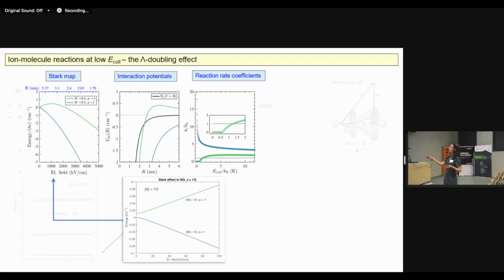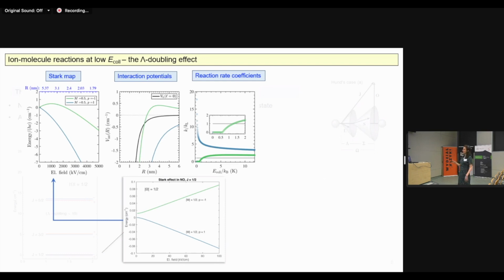These sorts of fields would be something like going from about 5.4 nanometers to 1.8 nanometers closer. So the lower, the blue state, is now even more high field seeking, while the upper one is initially low field seeking, but then at some point it turns over and it also becomes a high field seeking state.